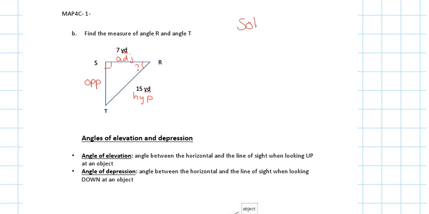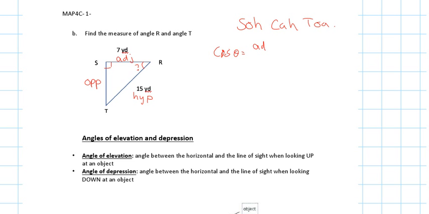Cosine. Okay, because cosine is the one that has the adjacent and the hypotenuse. So cosine of theta is equal to adjacent over hypotenuse. And then I'm going to say cosine angle R is equal to 7 over 15.